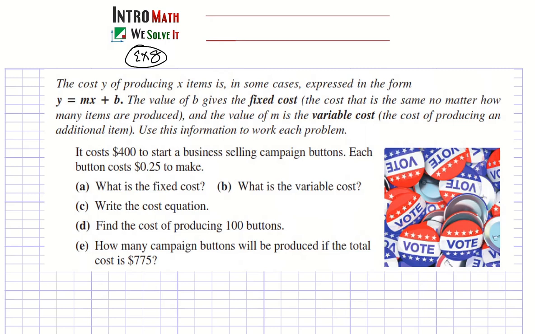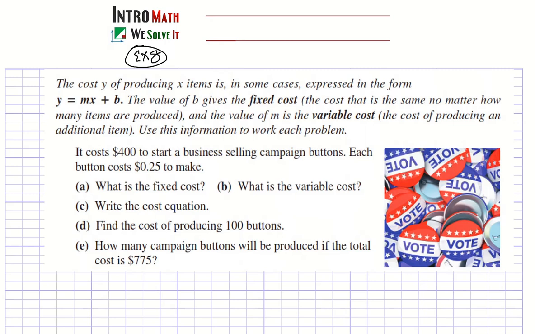So those are variable costs. The variable cost changes depending on the amount of material you use to produce whatever you're producing. If you use a lot of electricity, you pay more. If you use less, you pay less.